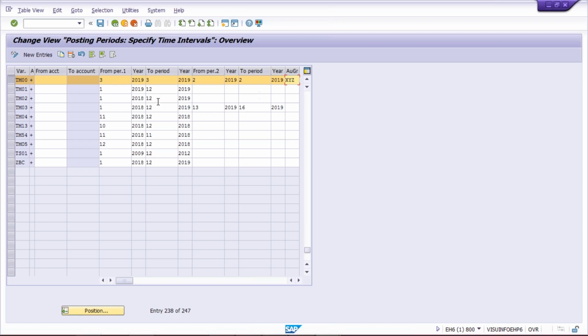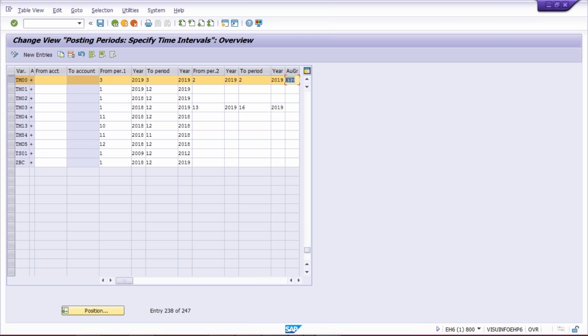Now what I'm saying is that the second posting period, the February month, has been opened by management, but they have applied a clause here, in the sense they have given a restriction. What is that restriction? This February period is open against this authorization group, against XYZ only.